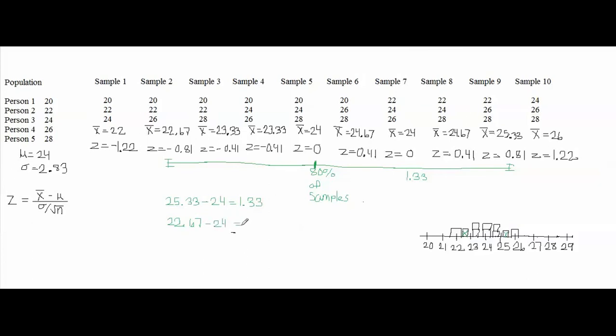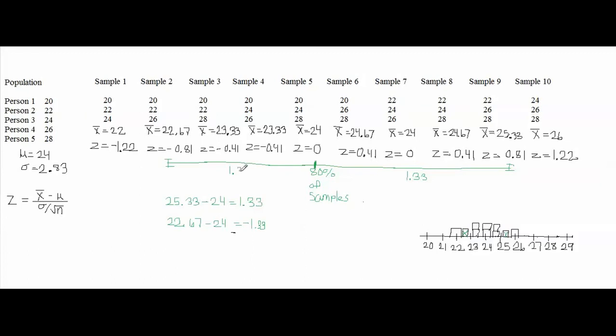And we actually get negative 1.33. So it's really the same distance, meaning this sample mean right here is 1.33 away from the population mean of 24. The only reason it came out to a negative number is because this is lower than this.